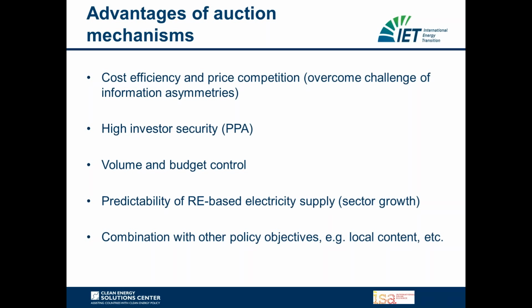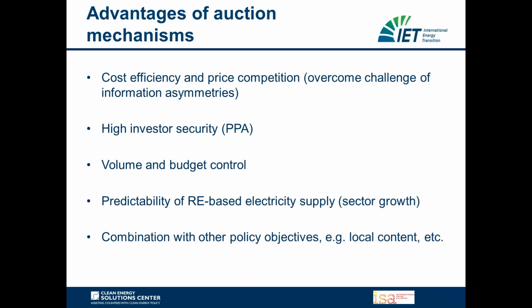So if you've ever been part of defining feed-in tariffs, you probably know how challenging it is to get the right information and even to forecast prices for the next couple of years, because when you implement a feed-in tariff, the tariff normally remains in place for a couple of years.